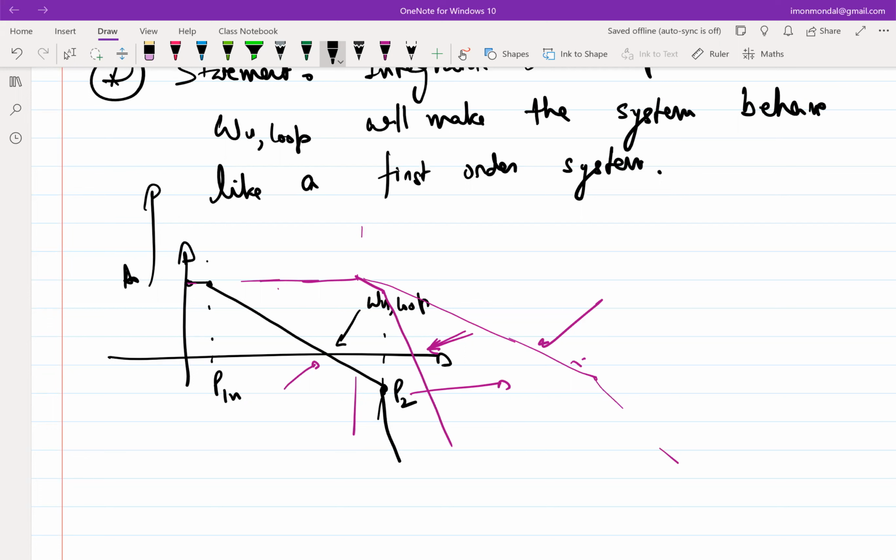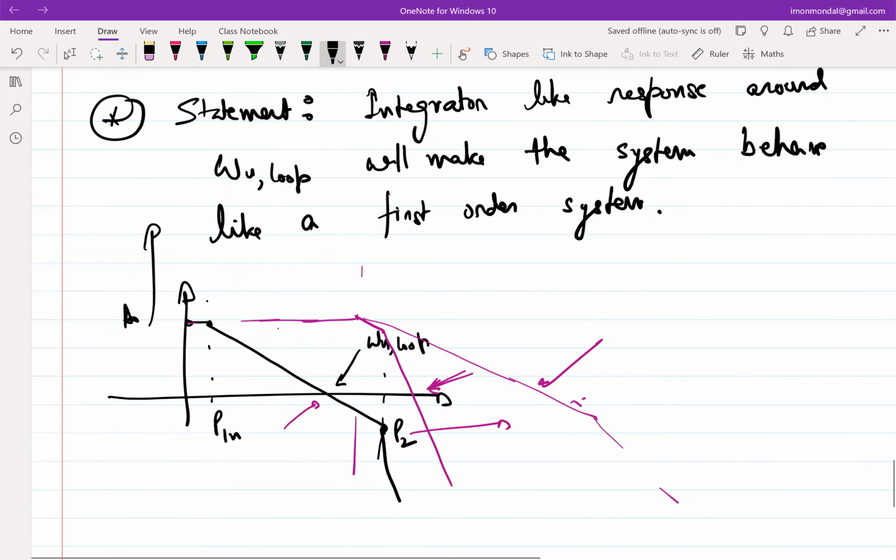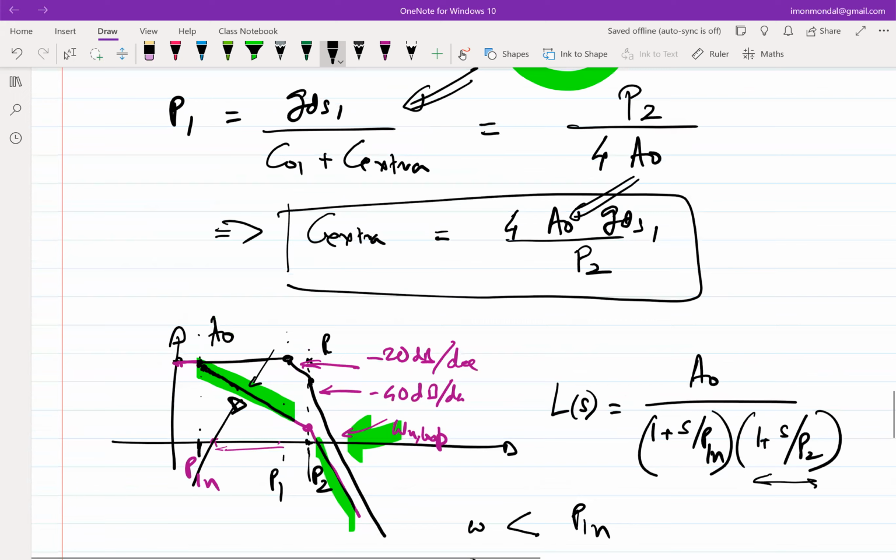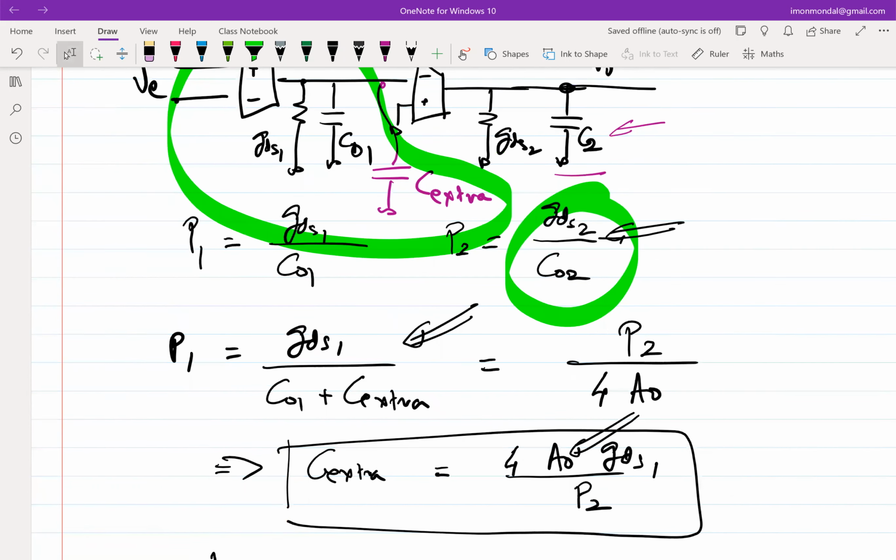Can you just go to the expression of P1? Okay, so if A0 is infinity, then P1 will come to 0, right? So that should behave like an ideal integrator then, right? If C1 is also infinity, then you have infinite gain, but after that it starts to drop.